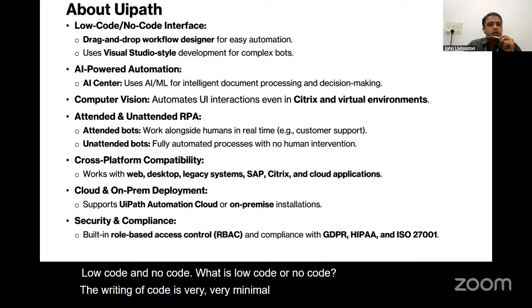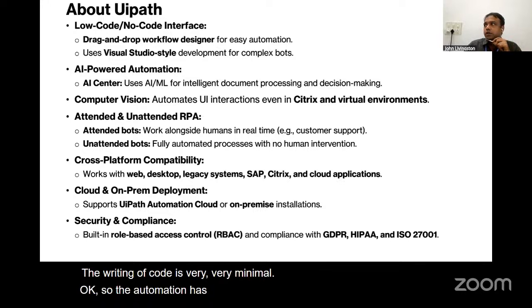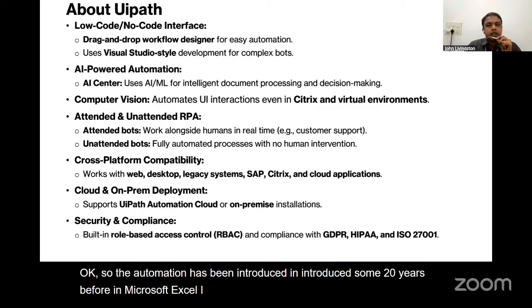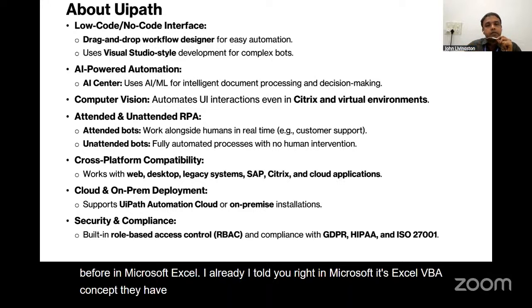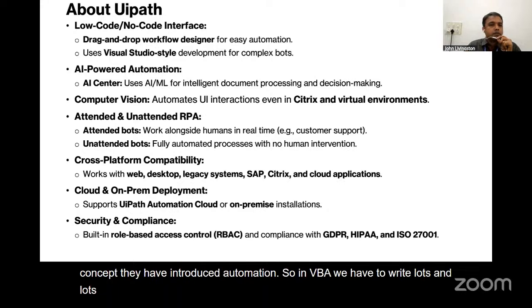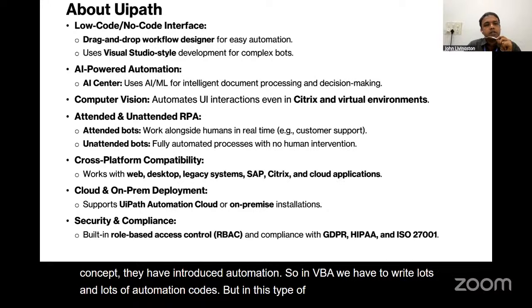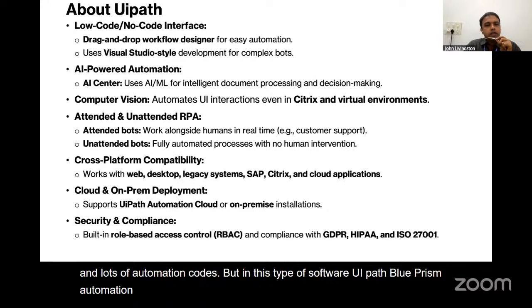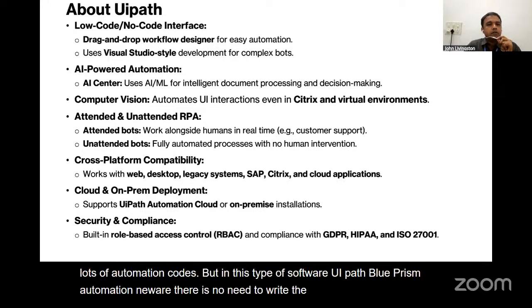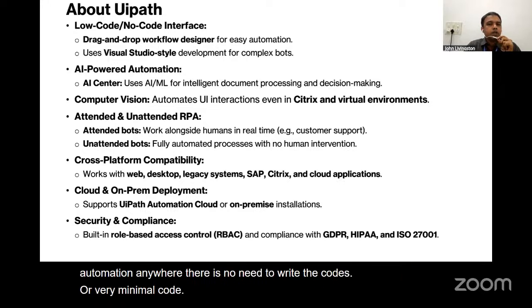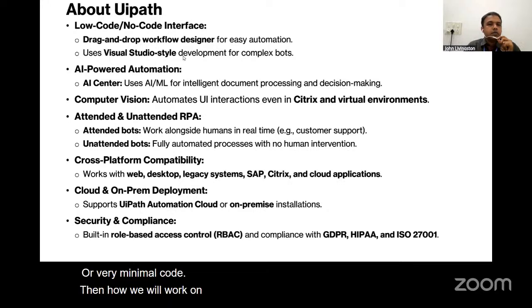Automation was introduced some 20 years ago in Microsoft Excel. I told you, in Microsoft it is the Excel VBA concept, where they introduced automation. In VBA, we have to write lots and lots of automation code. But in software like UiPath, Blue Prism, and Automation Anywhere, there is no need to write code, or only very minimal code. Then how will we work on that? The very important point is the drag and drop workflow designer.